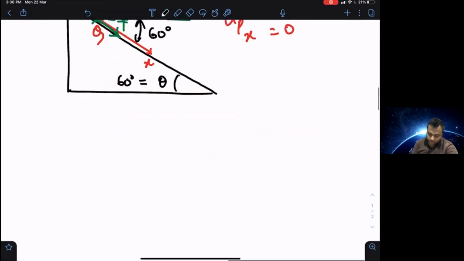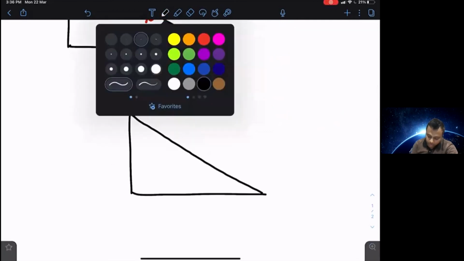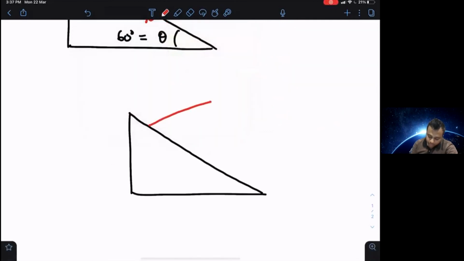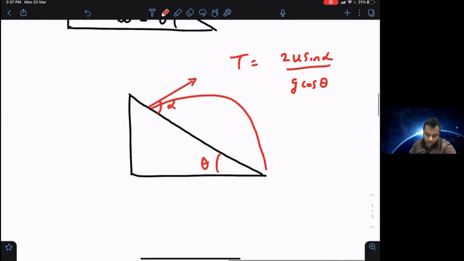By the way, if you know the formula for projectile motion along an inclined plane, if any particle is projected at an angle alpha with the inclined plane, then the time of flight is given by 2u sin alpha divided by g cos theta, where theta is the angle of inclination of the inclined plane and alpha is the angle of projection with the inclined plane.